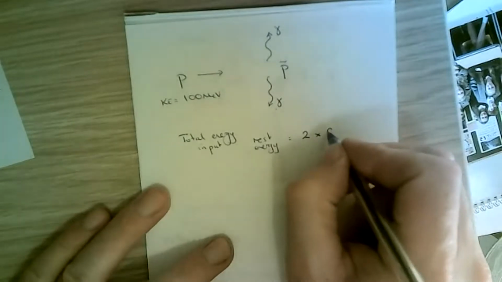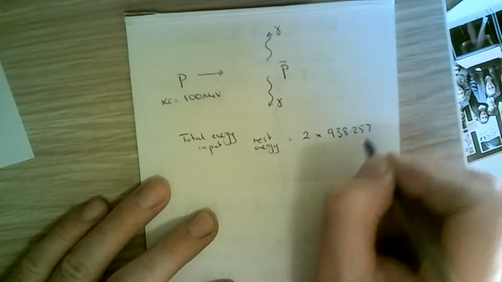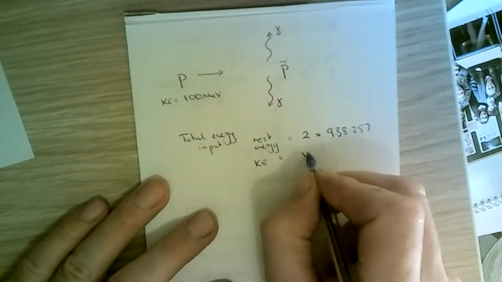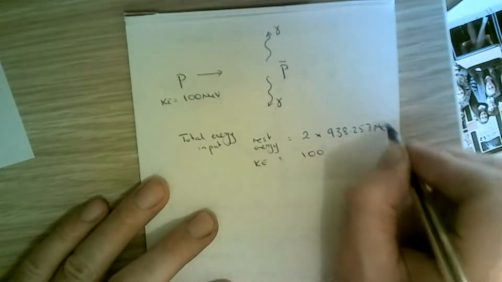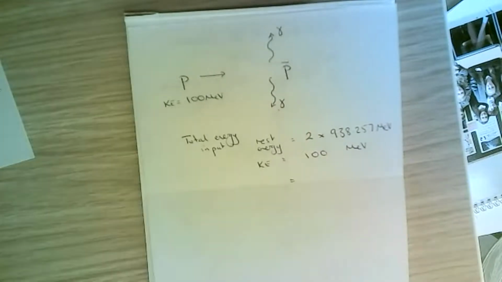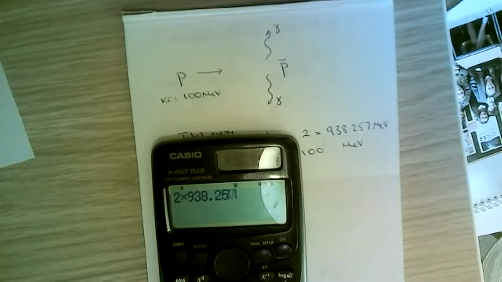So it's 2 lots of 938.257, and the kinetic energy, which equals 100 MeV. So we could do that in our head, but we're probably at risk of making a mistake. So 2 times 938.257 plus 100.